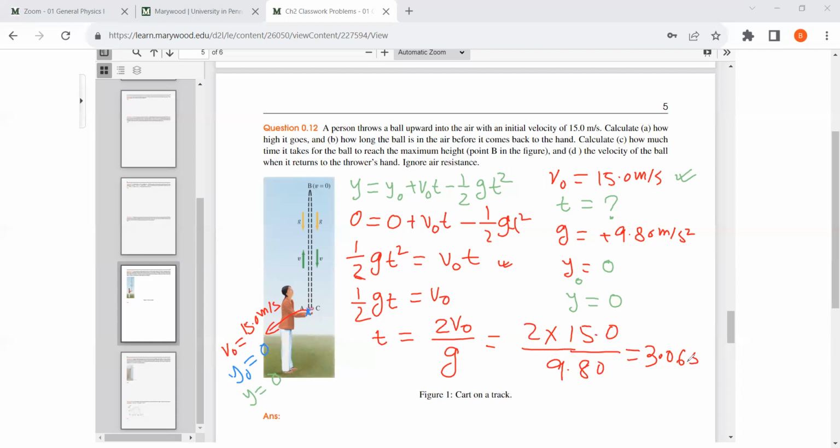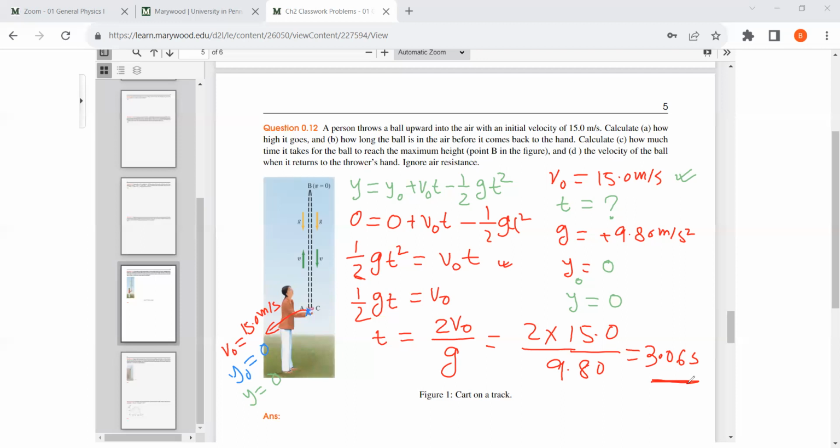Now, if we understand this, the next thing is how much time it takes for the ball to reach the maximum height. The time we just calculated is the total time, starting from the starting position to the end position. So when you throw and when you catch, this is the total time, and total time is 3.06.